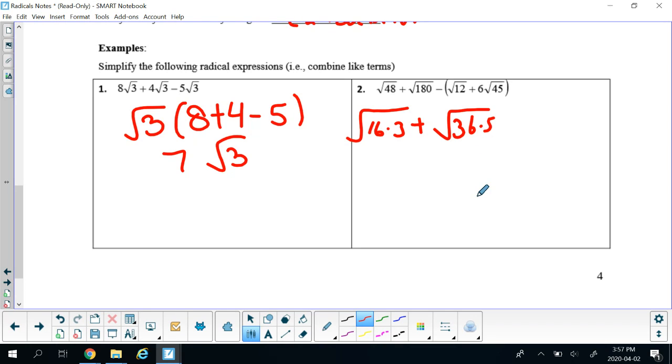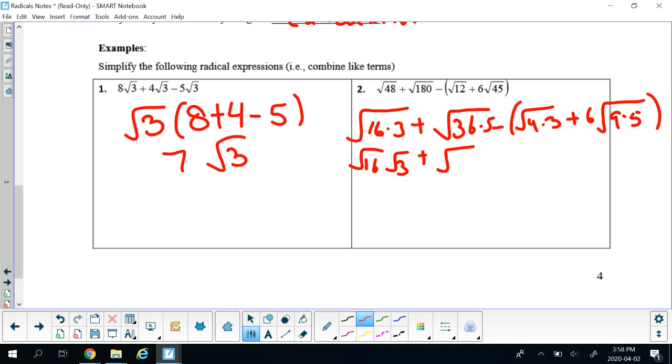Okay, square root of 12 can be written as 4 and 3. 4 is a perfect square here, and 45 can be written as 9 and 5, and 9 is a perfect square here. Okay, so square root of 16 times the square root of 3, we can write them separately. Same thing here. We can write square root of 36 and square root of 5 separately.